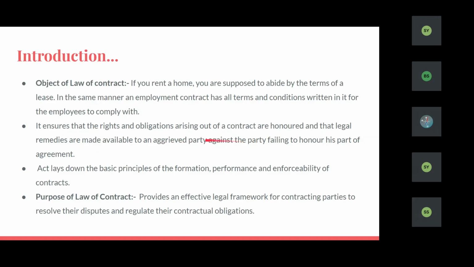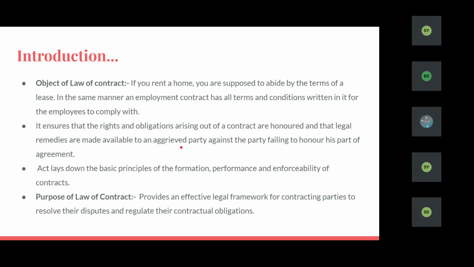So the law of contract ensures that rights and obligations arising out of a contract are honored. All the terms and conditions are to be honored by both the parties. And legal remedies are made available to an aggrieved party, the party who is at loss.